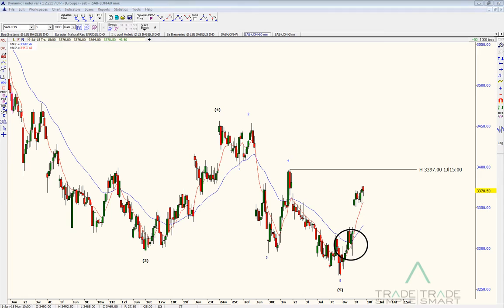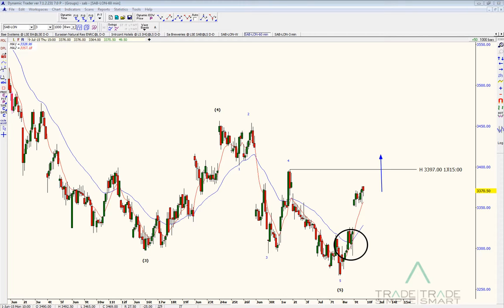So in terms of an entry, we would want to take out a swing high, and the wave 4 of 5 had a high of 33.97. In terms of our triggers, we generally look at a cross of 2 moving averages and also the violation of a swing high.